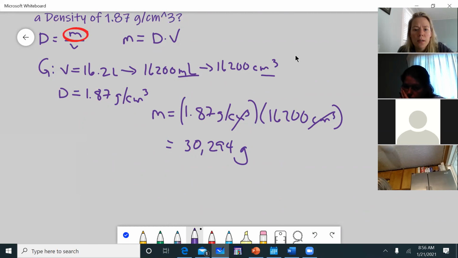Would the milliliter not be 16,200? I'll make sure I did that correctly. I have 16.2 liters. I want to convert this into milliliters. King Henry died before drinking chocolate milk. I'm at my base unit. I want to get over here.